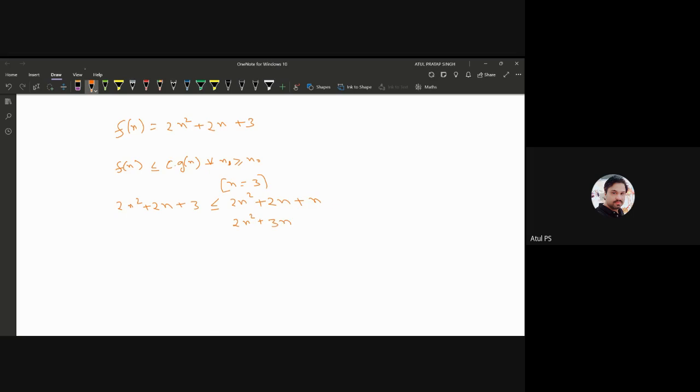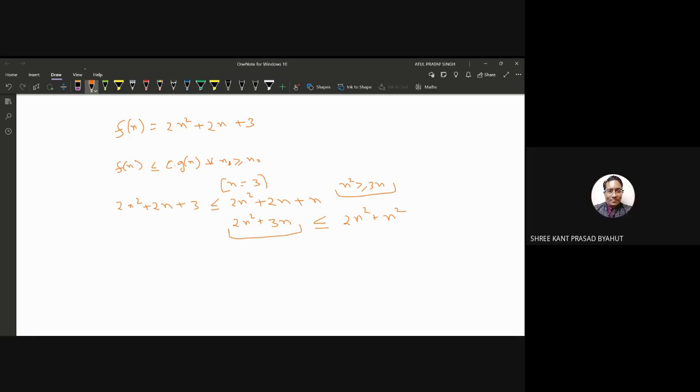Now for comparison, can we write, if n is greater than or equal to 3, that n square is greater than or equal to 3n? So can we write 2n square plus n square here for this value?